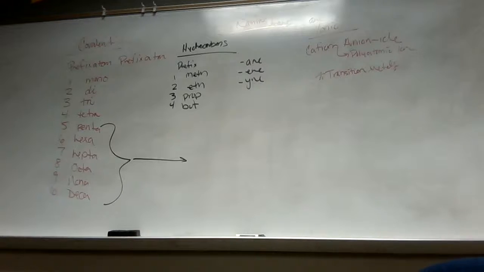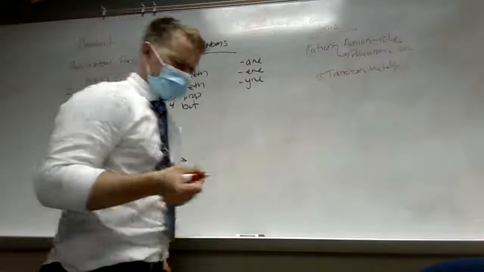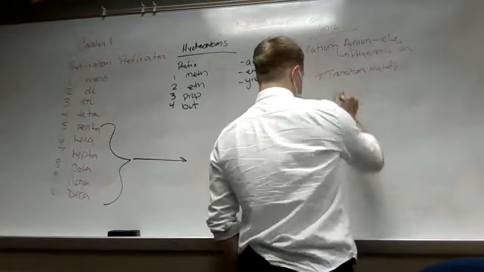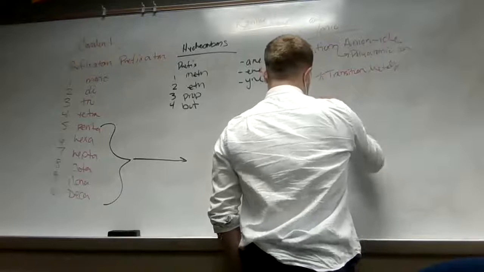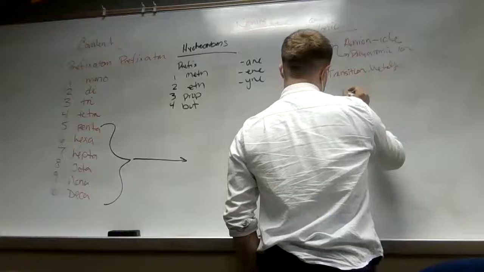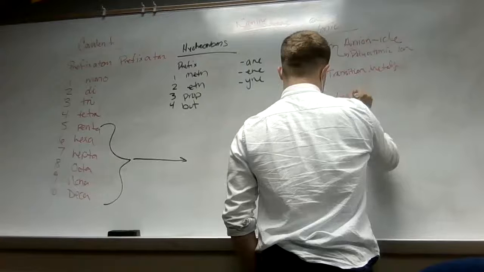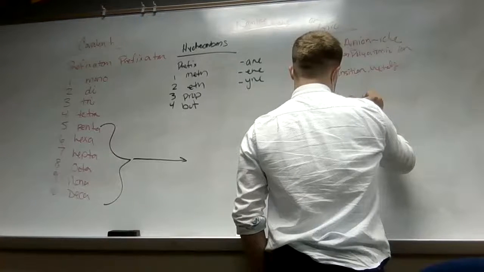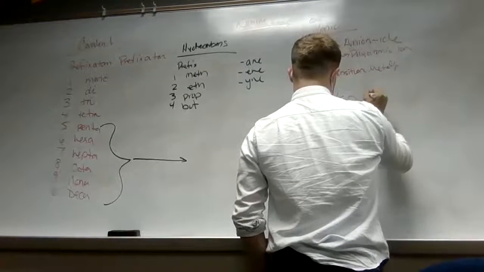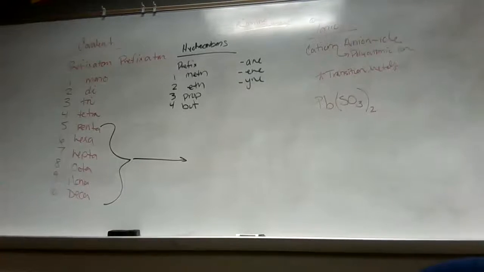However, if it's not in one of those major 8 groups, we have to identify the charge. So if we have Pb and SO3 2-, what would be the name of this ionic compound?